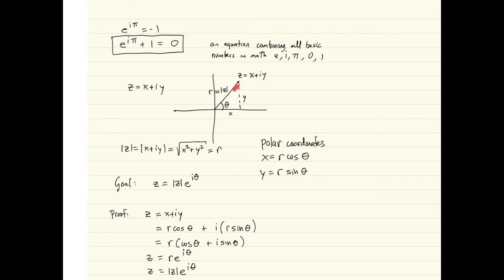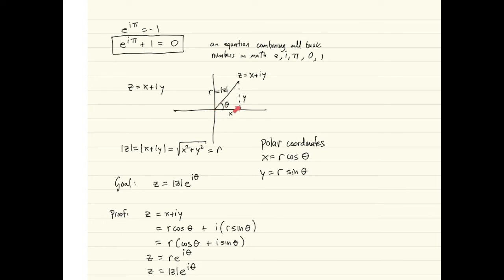And if you look at this right triangle here, that's the hypotenuse. Due to the Pythagorean theorem, the hypotenuse is going to be the square root of x squared plus y squared. And then if you remember from polar coordinates, basically x is equal to r cosine theta, where theta is the angle that the point makes with the positive x-axis.